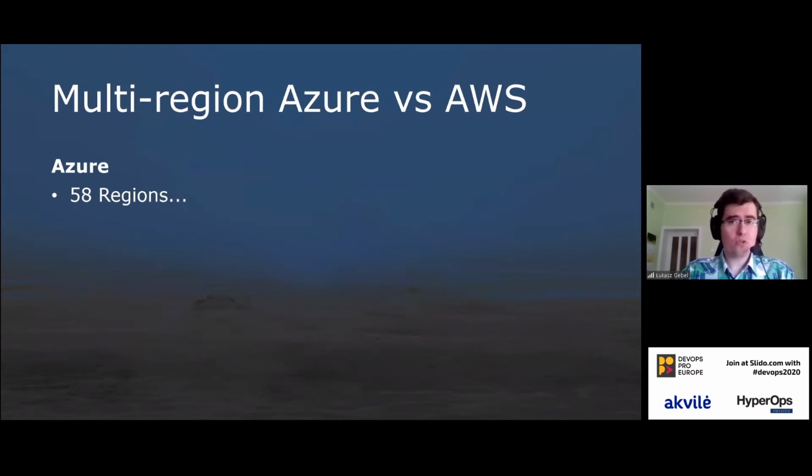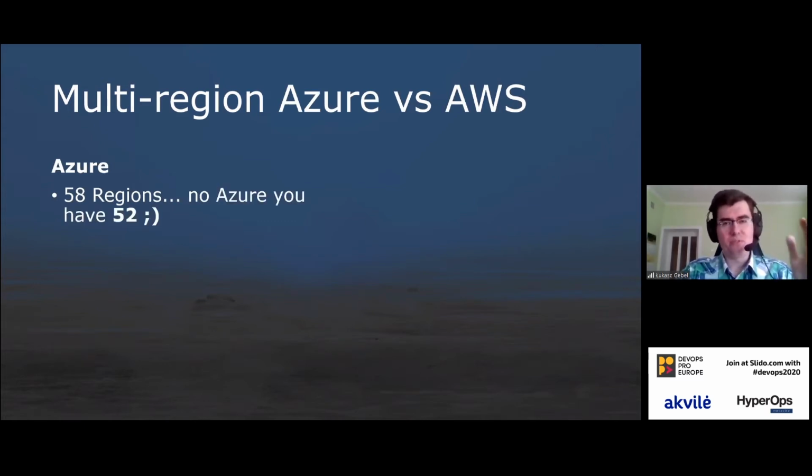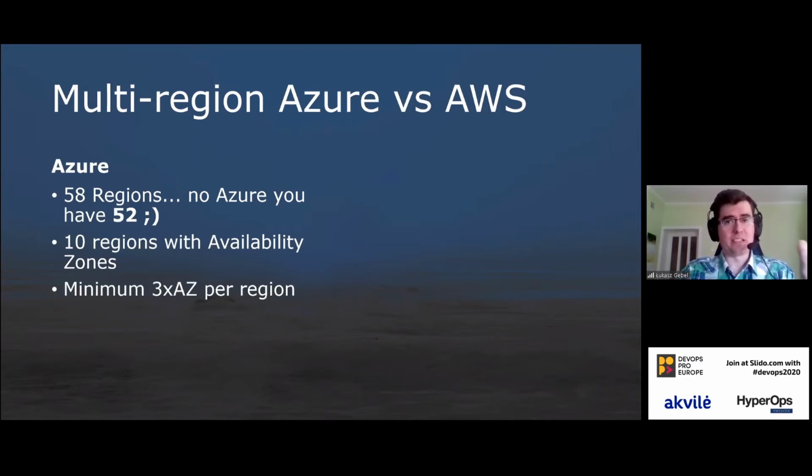So according to Azure documentation, they have 58 regions. However, if you scroll down, it turns out that they have 52. So you have to be always careful while reading the docs, and 6 regions are yet to come. So 10 regions support availability zones, and each of these regions have at least 3 availability zones available.